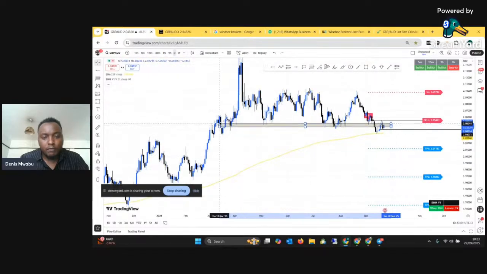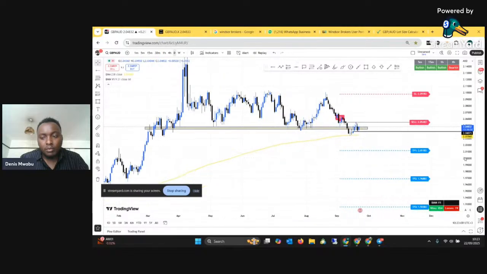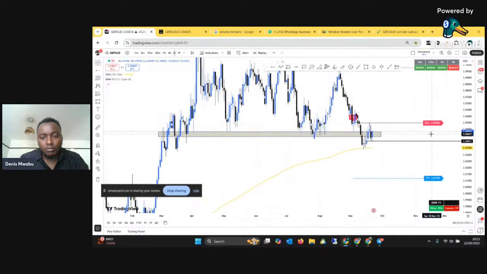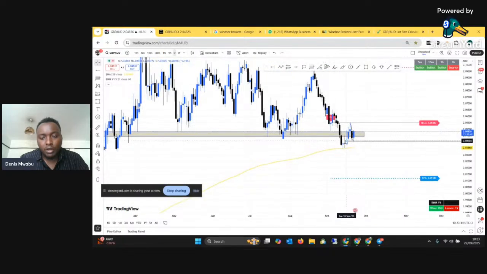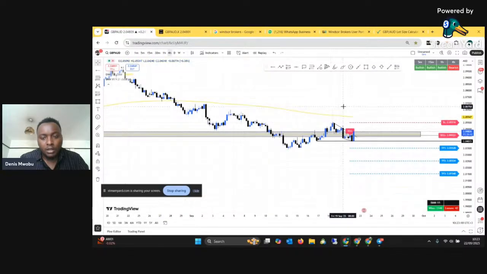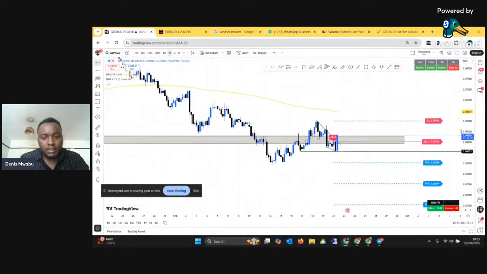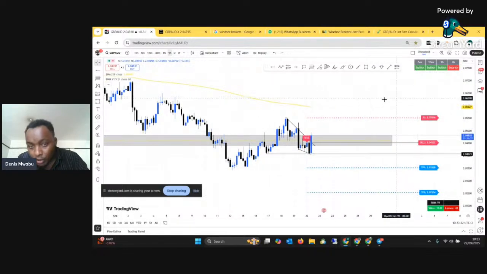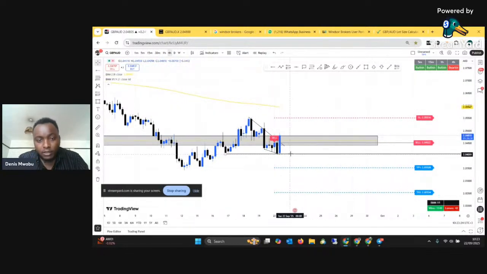To be honest, this is a very, very, very strong zone that has been broken. Price looked like it was breaking it from the down, and then when you come to the upside, this is a 4 hours. Has it really closed completely? It has not closed.